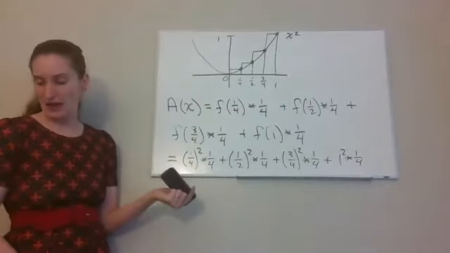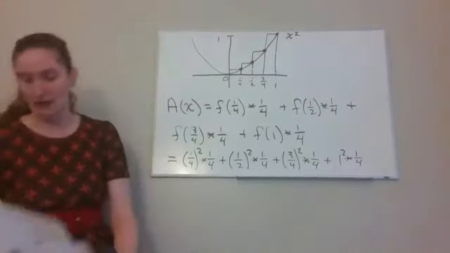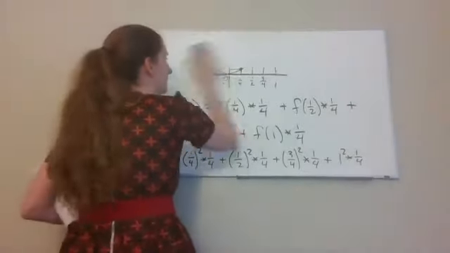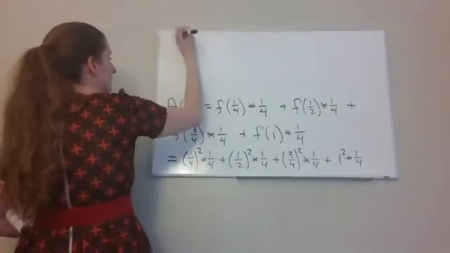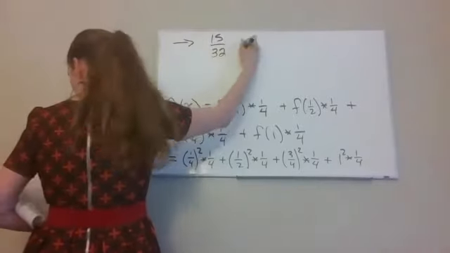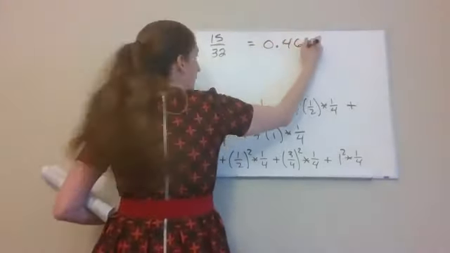And if I add all of that up, get a common denominator and everything, we're going to get that this is 15/32, which, if I put that in decimal form, is 0.46875.